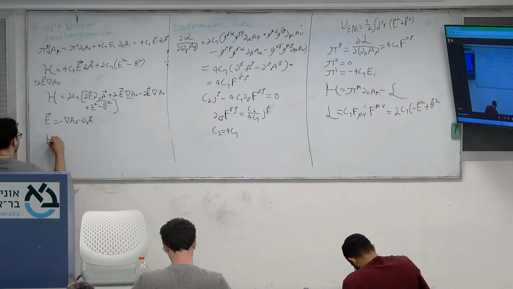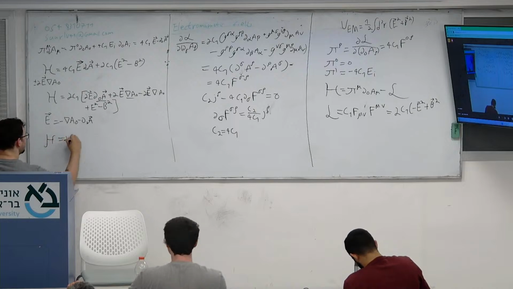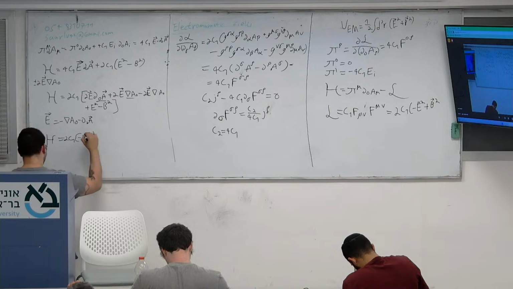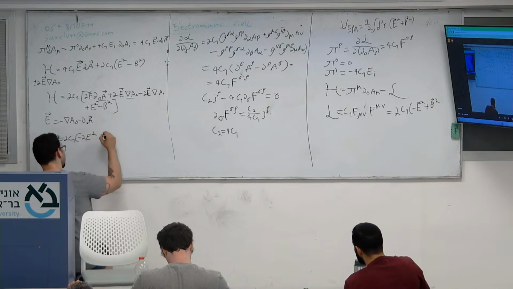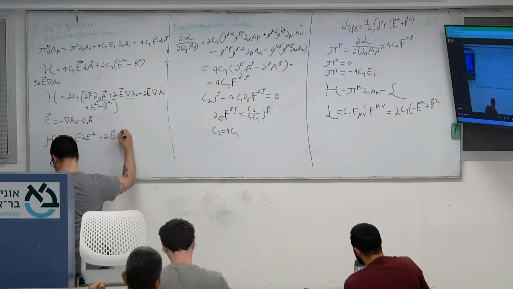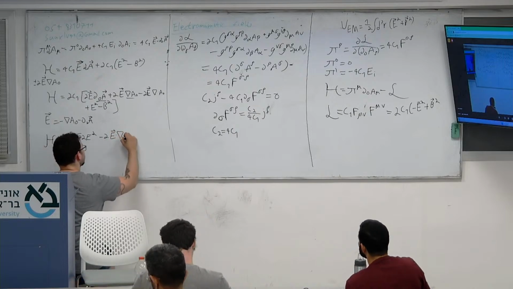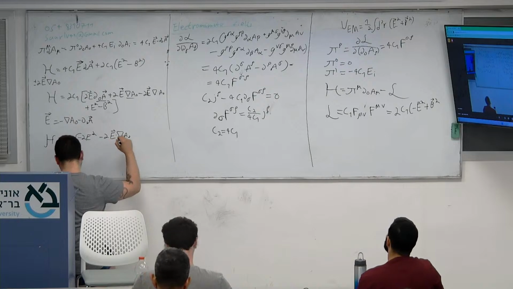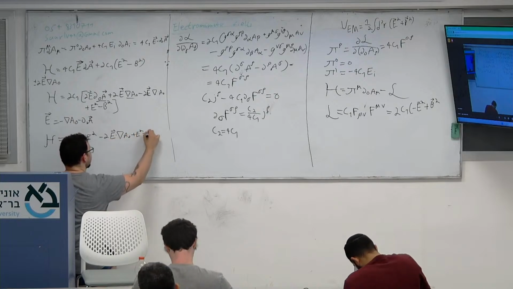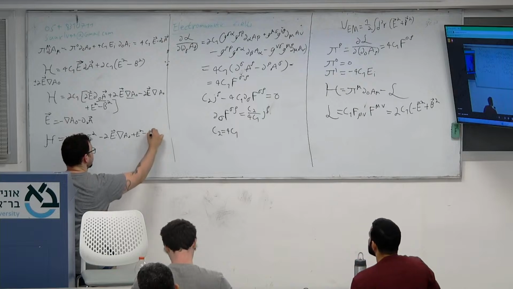So this is 1 minus 2 E squared minus 2 E vector 0 plus square minus B squared.